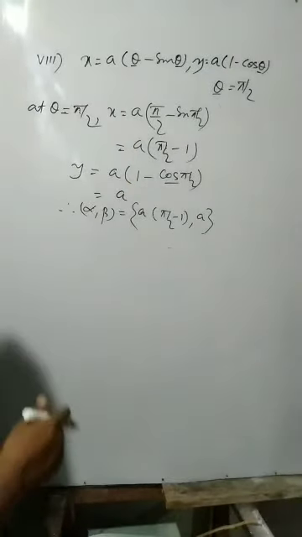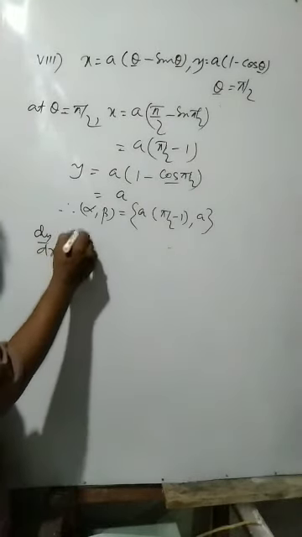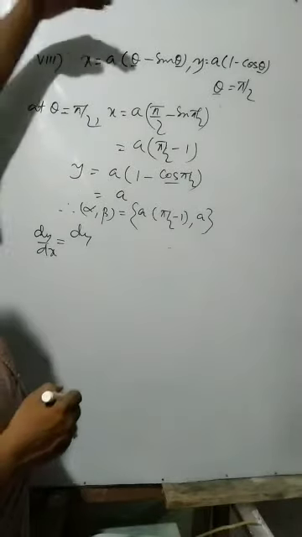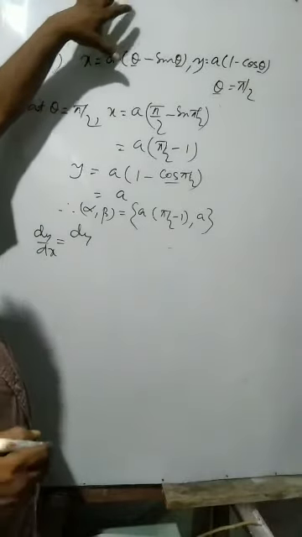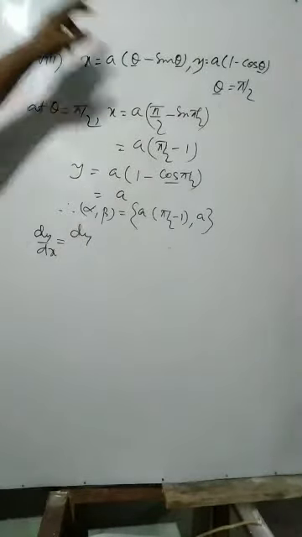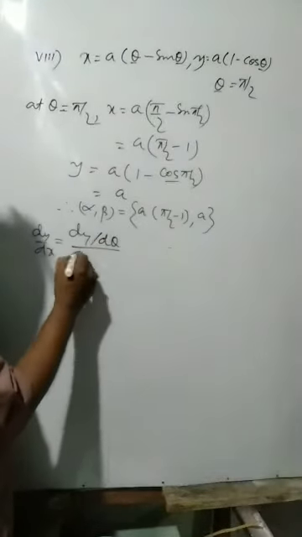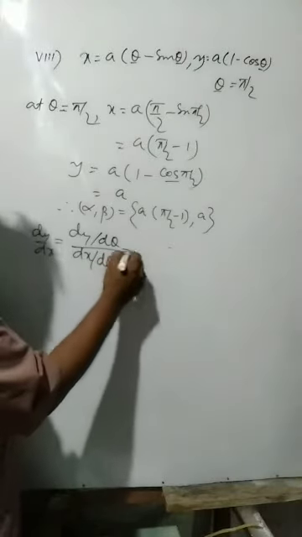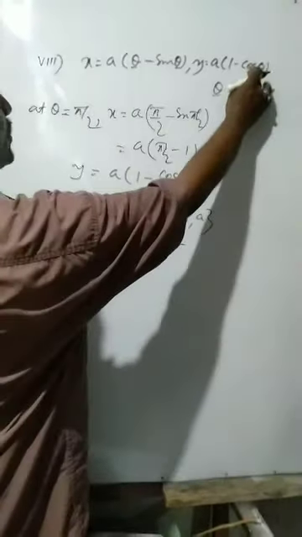So point came. So now we will find dy by dx. Since this is the parametric equation, x and y given in terms of theta, the derivative we have already found: dy by d theta divided by dx by d theta. So dy by d theta: a is constant, derivative of 1 is 0, and derivative of cos theta is minus sin theta.